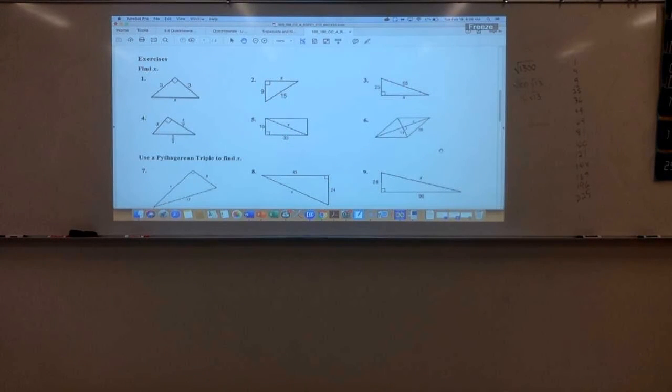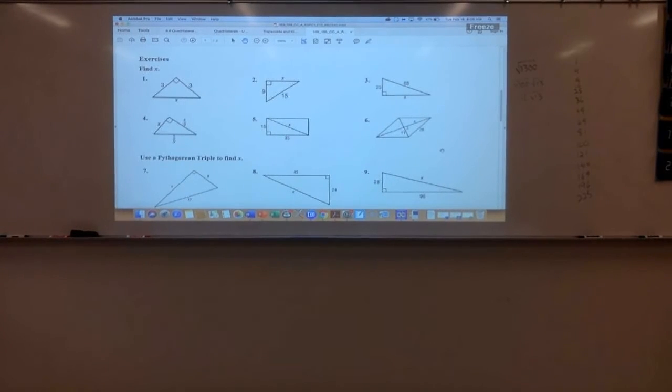Which equals 1. What is 1 over 9 squared? It's just 1 over 3.